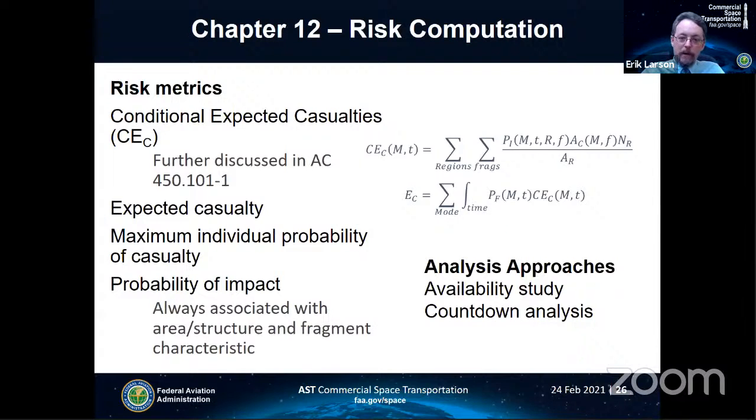And just a reminder that impact probability doesn't stand on its own. It is always relevant to what is the probability of impact on an area or some defined size of object and what fragment characteristic that applies to. Is it greater than 11 foot-pounds, greater than 1,000 foot-pounds of impact kinetic energy?